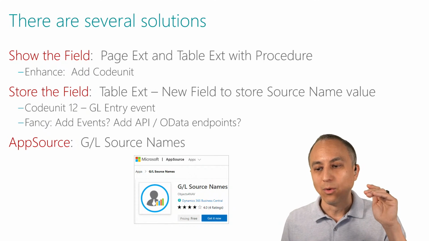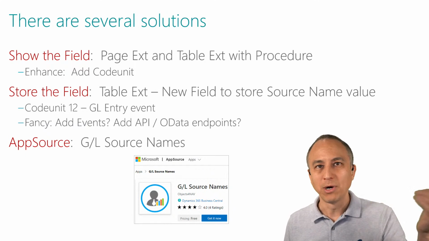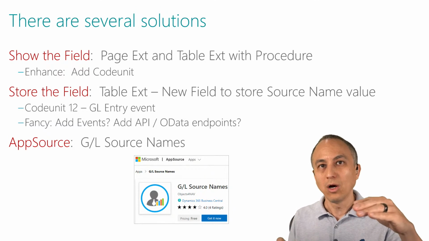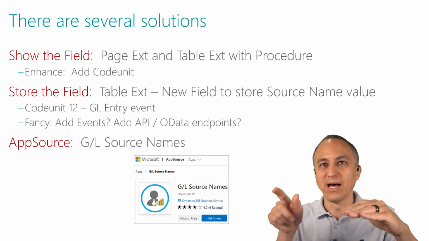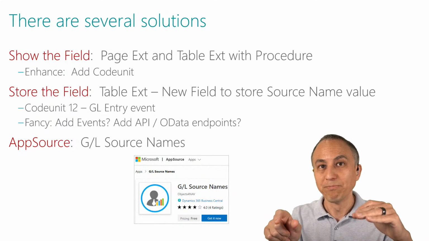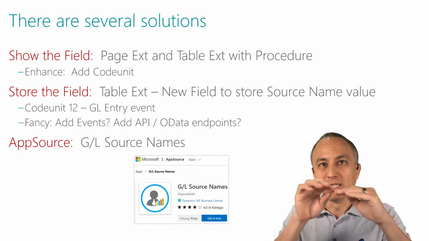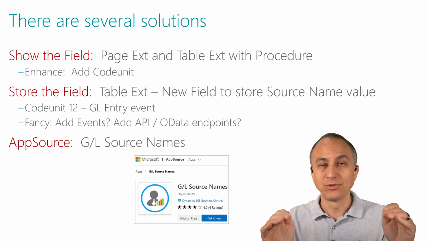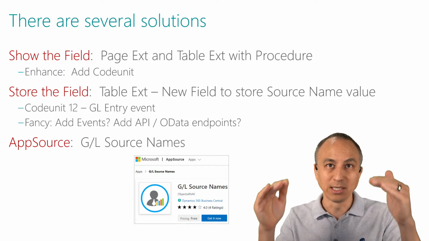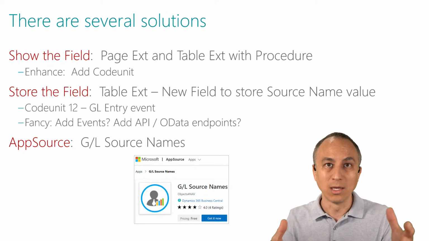So when you post a transaction, it goes into the GL, and your code is going to write the value of Trey Research into the source name field for that GL entry. That way, the name is stored with the GL entry, and it is contained in the table or the table extension. All the data is in one place.